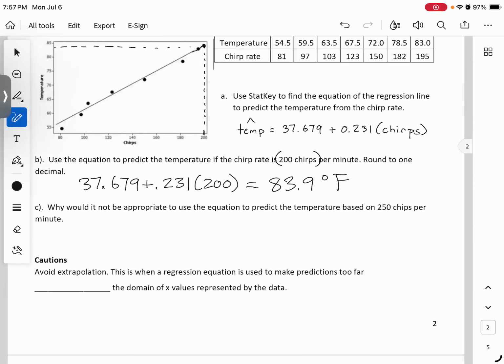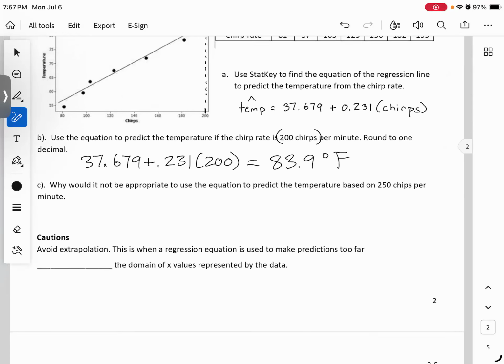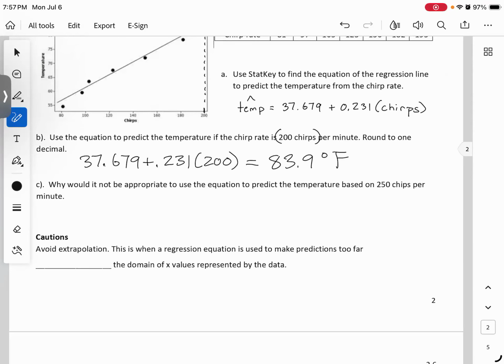So those should reflect each other, the same idea. Now, I intentionally, whenever I was putting this lecture together, said, let's predict 200, but that's as far as we probably want to go.